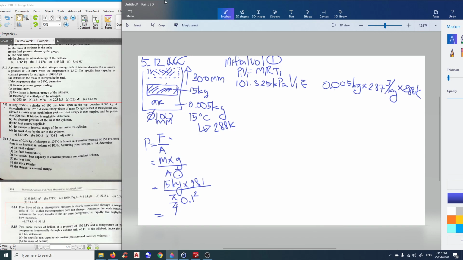So 0.1 squared multiplied by 3.14 divided by 4. 15 multiplied by gravity, divided by the answer. So we have 18.74 Pascal.